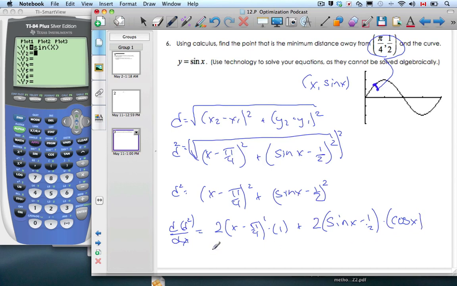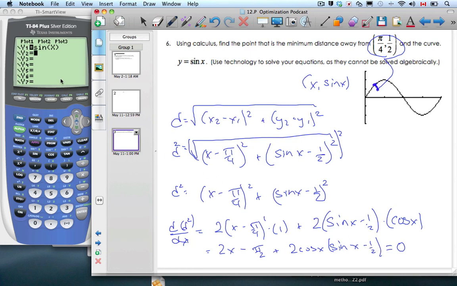If I tidy this up a little bit, there's not much to tidy up, but I have 2x minus pi/2 plus 2 cosine x times (sine x minus 1/2). And so this is my derivative.